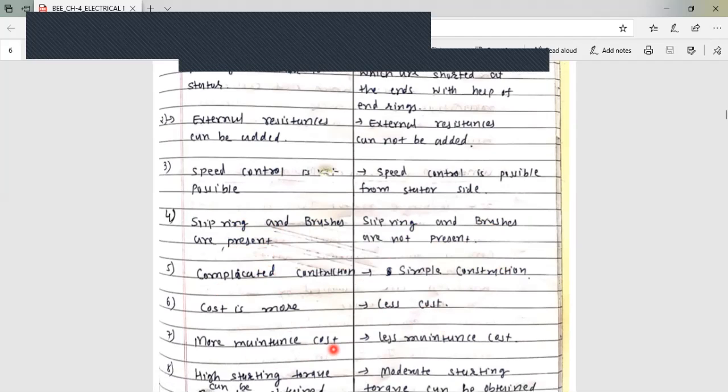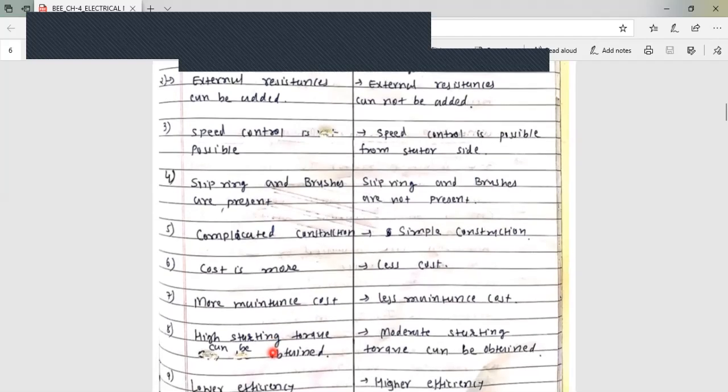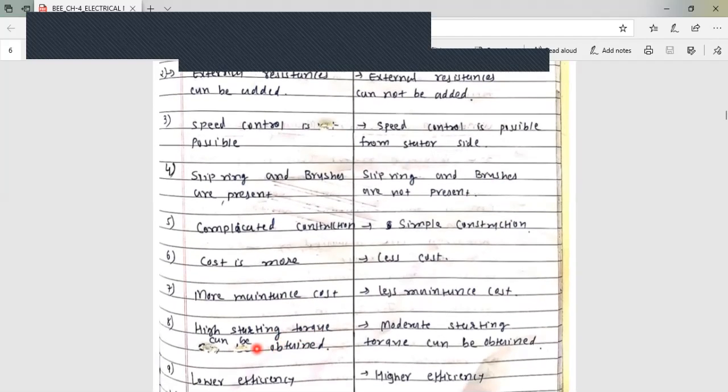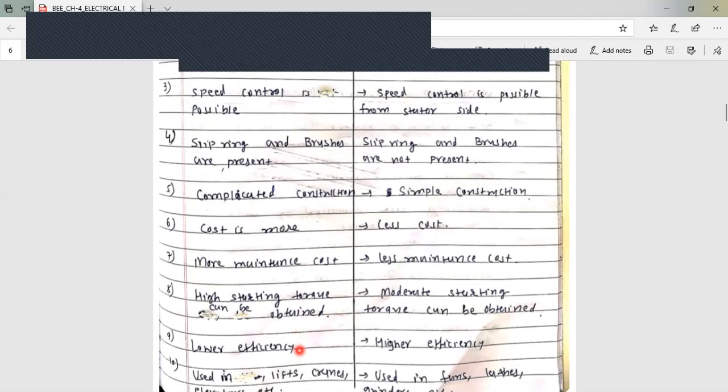More maintenance cost versus less maintenance cost. Here, higher starting torque can be obtained due to the extra circuit components. Moderate or low starting torque can be obtained. Lower efficiency versus higher efficiency.